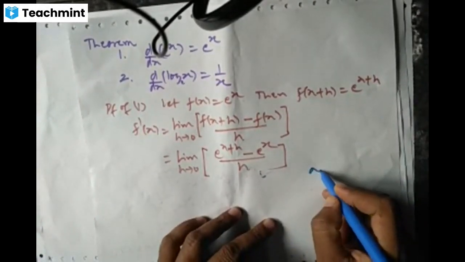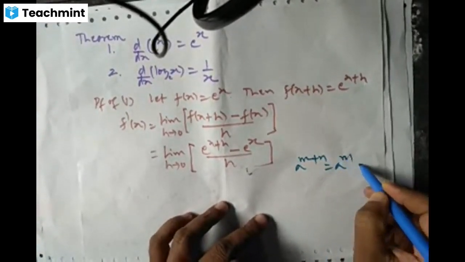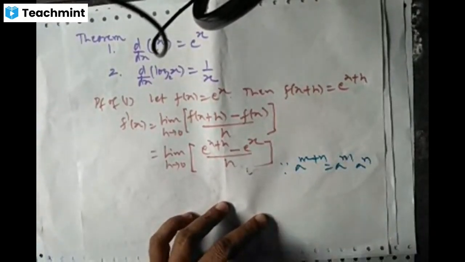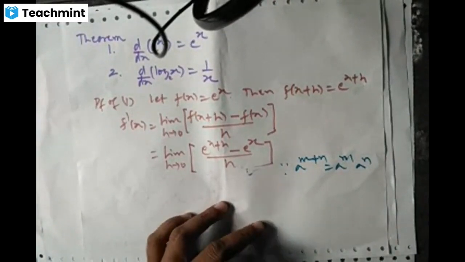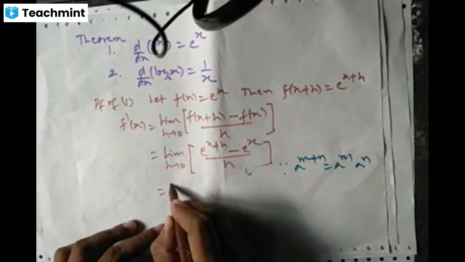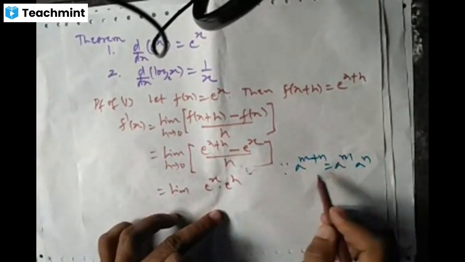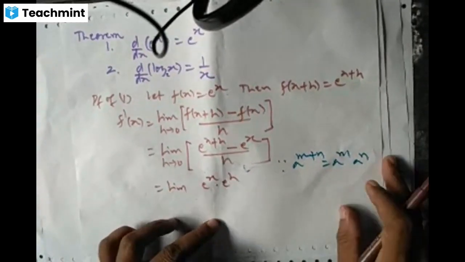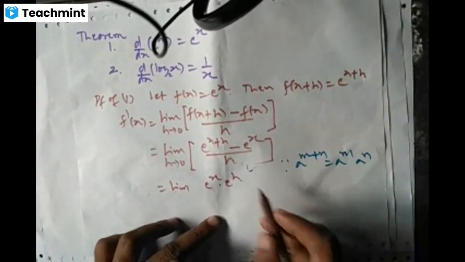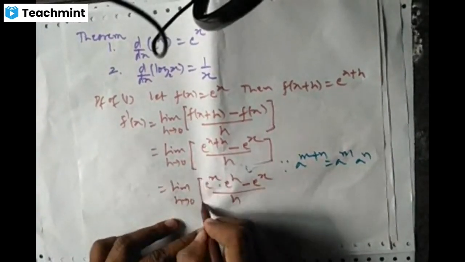We know that a to the power m plus n is a to the power m into a to the power n, correct? So using this law of indices, I can write e to the power x plus h as e to the power x into e to the power h, minus e to the power x, whole thing divided by h, as h tends to 0.